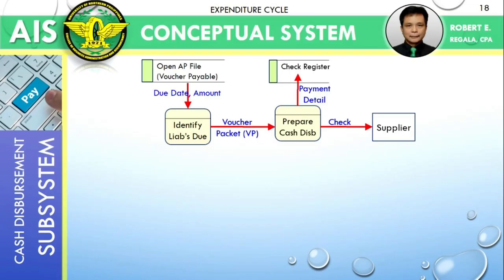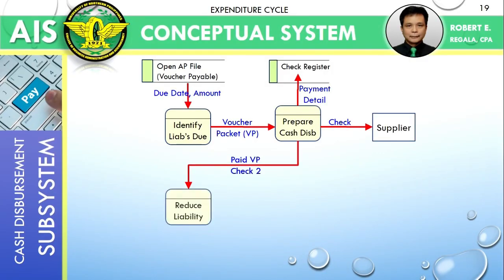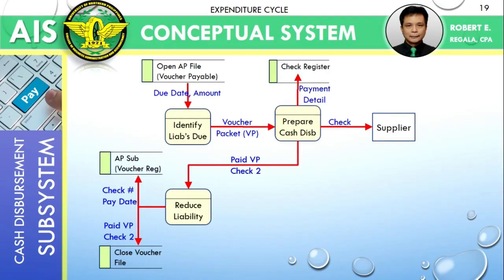The clerk marks the documents in the packet paid and returns them to the AP clerk. Finally, the cash disbursements clerk summarizes the entries made to the check register and sends a journal voucher with the following journal entry to the general ledger function: debit accounts payable and credit cash.